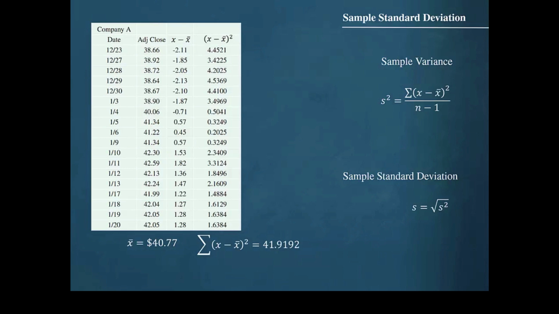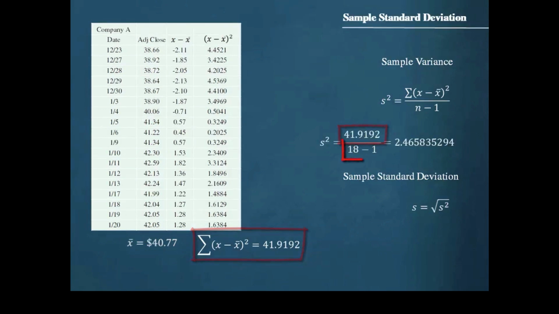Remember that the general rounding rule says that we should do no rounding until the final calculation has been made. So, we will work with as many decimal places as possible and as is appropriate and convenient. Dividing the sum by 1 less than the sample size, in this case 17, will give us the sample variance.